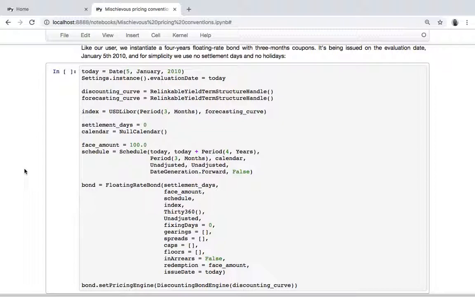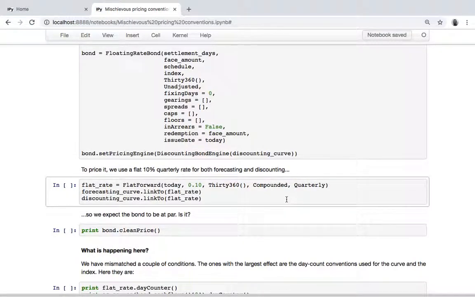So what we do is we set the evaluation date to today's date, we build an index to be paid by the bond, and its schedule and the bond itself, and we set a pricing engine based on a discounting curve.